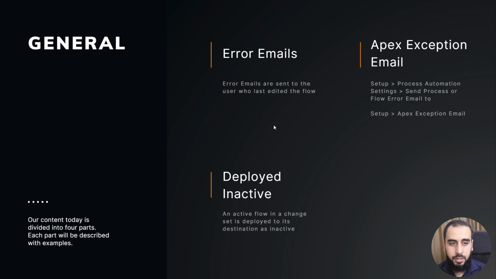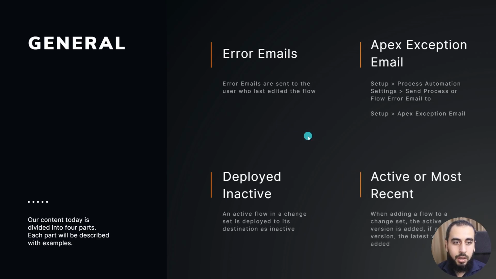I believe there is a setting to allow it to go with active status right away, but I think it is safer to keep it as is and review things before you go ahead and activate the flow in production. The last thing is when you add a flow to a change set in a sandbox, it's going to add the active version. If there is no active version, it's going to pick up the most recent version.